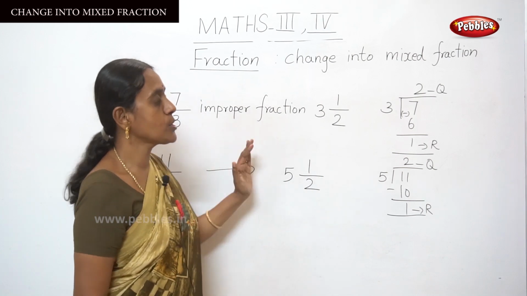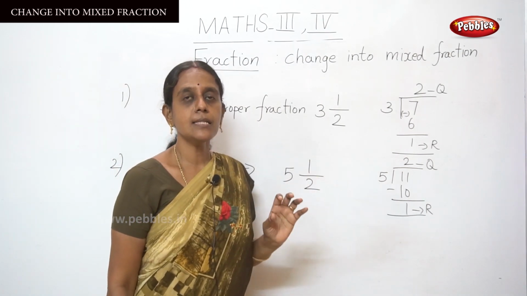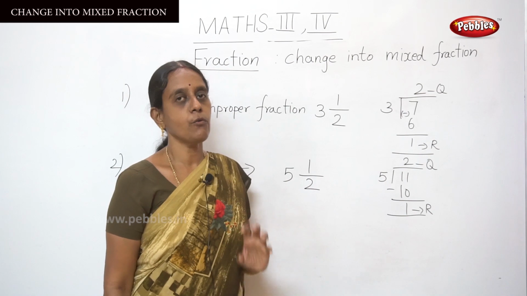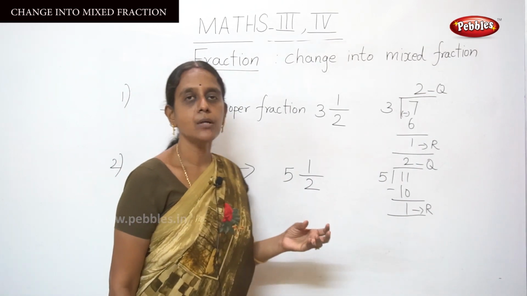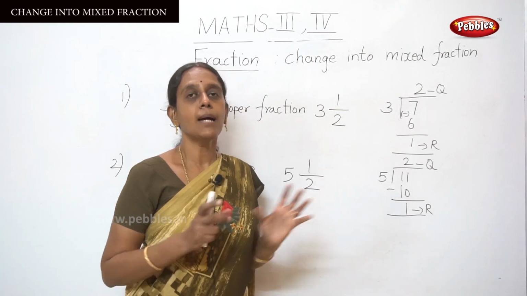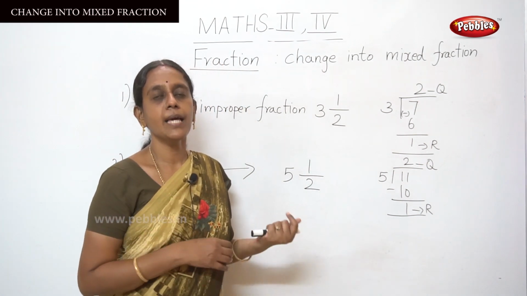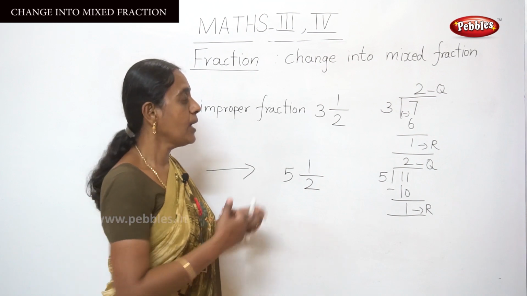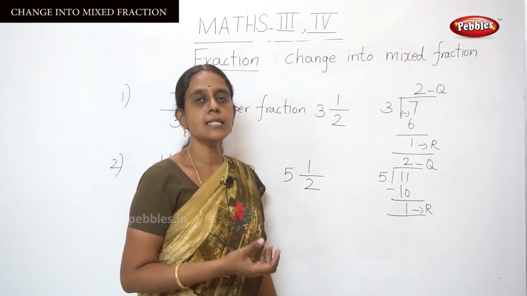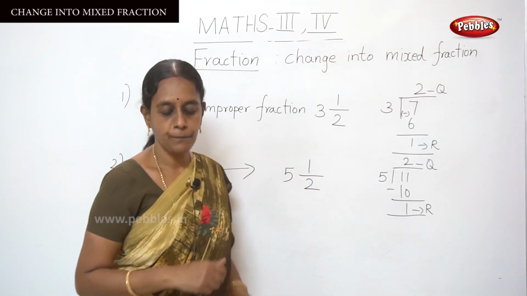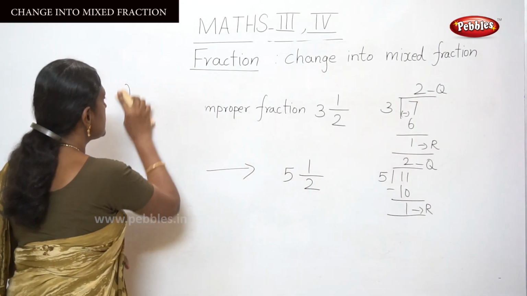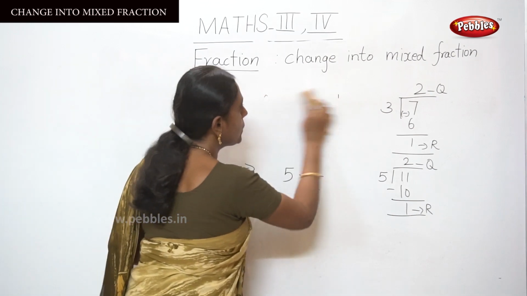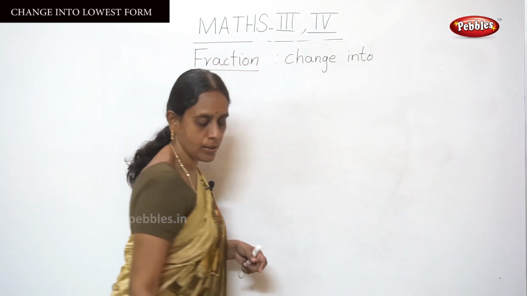Next we move on to the next heading: find the lowest form of a fraction. This is a simple way, by using multiplication tables. Let me cancel the numbers, and we will make the answer the lowest form of the fraction.